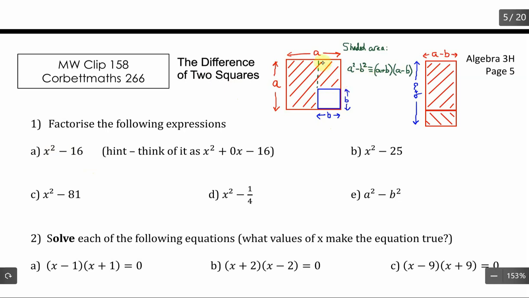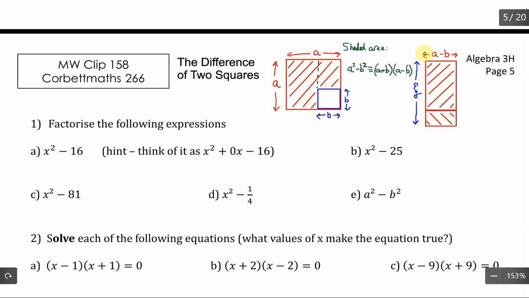But if we rearrange this, if we use this section here that I've just sectioned off with the green dotted line, and we bring it down underneath the shape and rotate it and add it onto the bottom, I think you'll see that this length here is the same as this length here. Both of those lengths are a minus b.